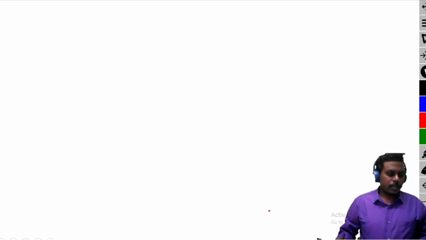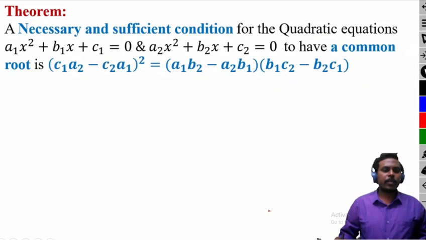Next we will discuss a theorem. Here is a statement of the theorem.